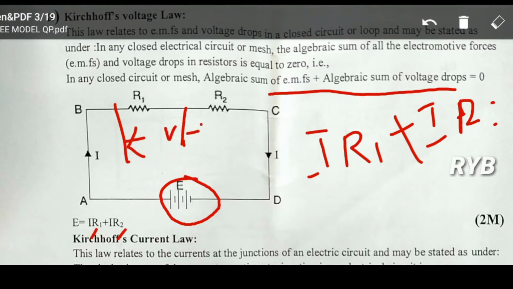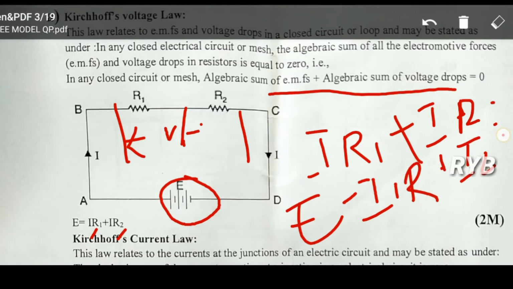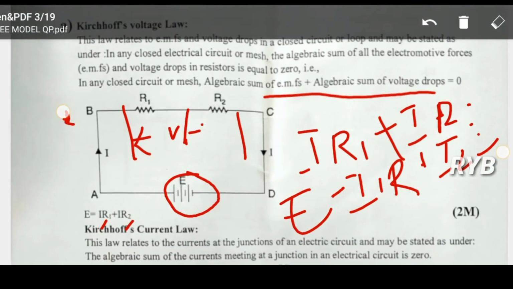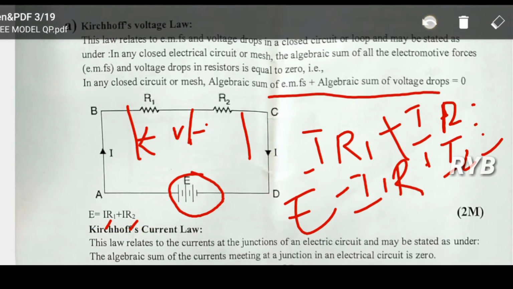Hence we can write summation V equal to 0, total voltage drops equal to 0: E minus I1 R1 minus I2 R2 equal to 0. We can write this equation as E equal to I R1 plus I R2, or simply you can write summation V equal to 0.